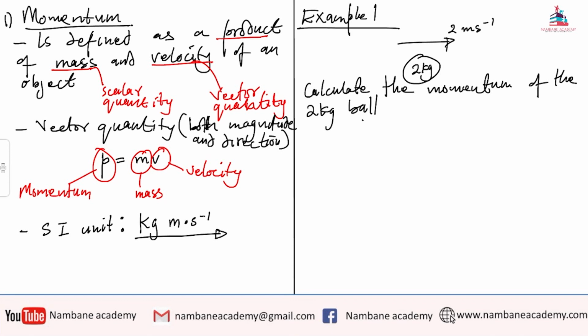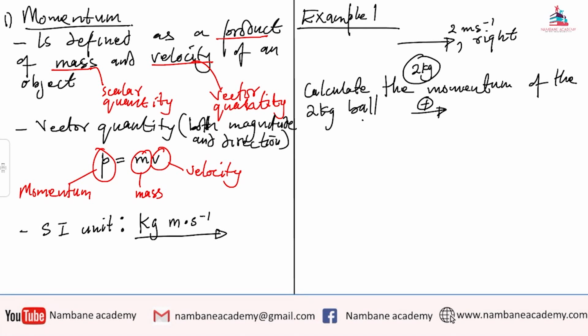First things first, we are working with a vector quantity. I need to tell the examiner to say I am taking right as positive. You need to do that. Why do you need to do that?